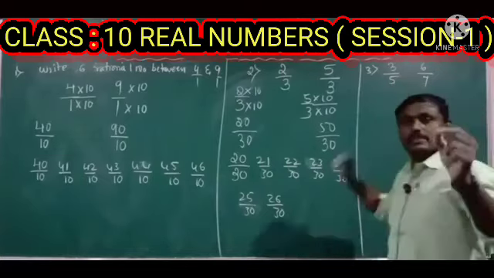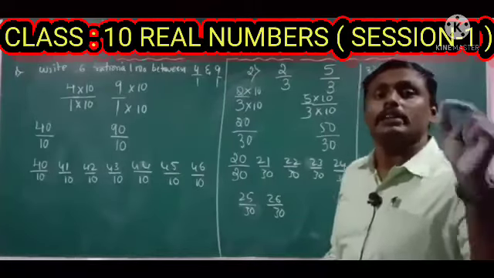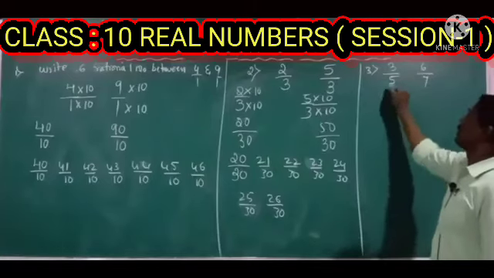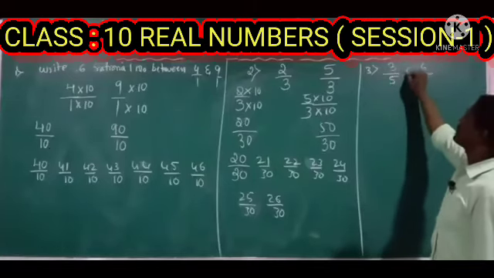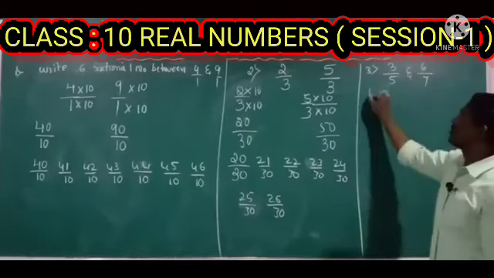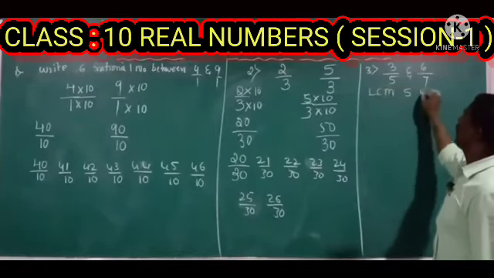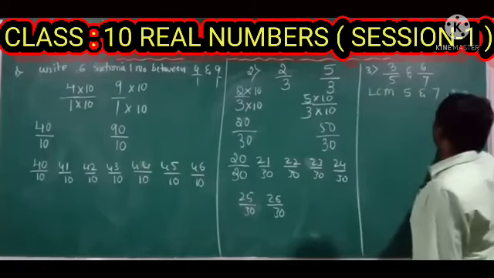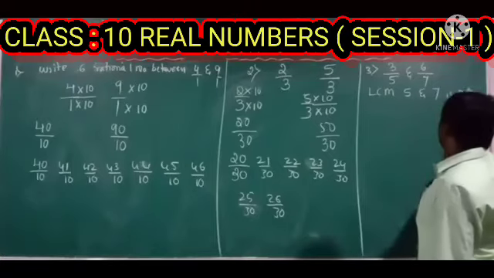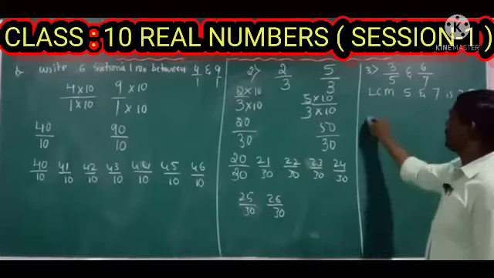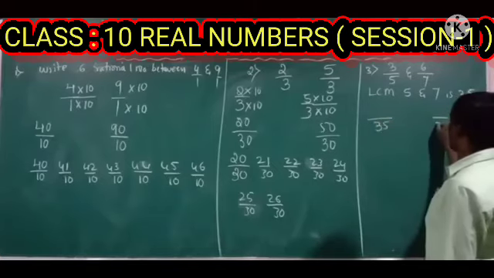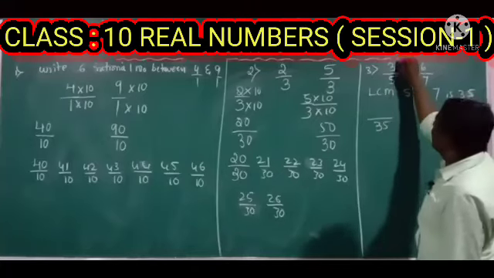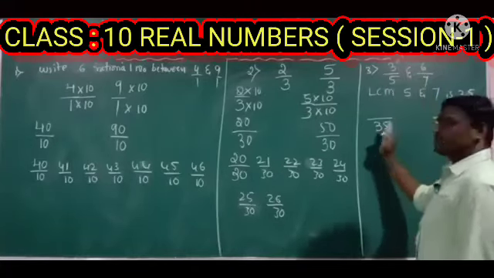In this case we need to find the LCM of the denominators. So 3 by 5 and 6 by 7 are the two given rational numbers. What is the LCM of 5 and 7? LCM of 5 and 7 is 35. So write 35 in the place of the denominator. 35 is the LCM, so what do I have to multiply here? 5 sevens are 35.